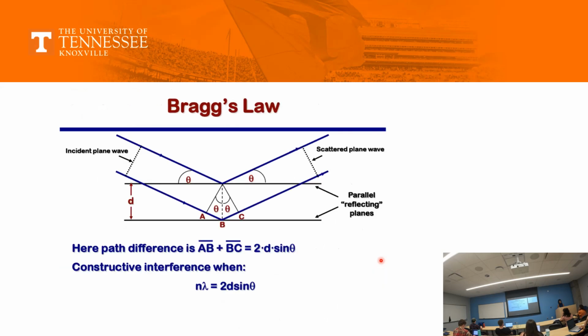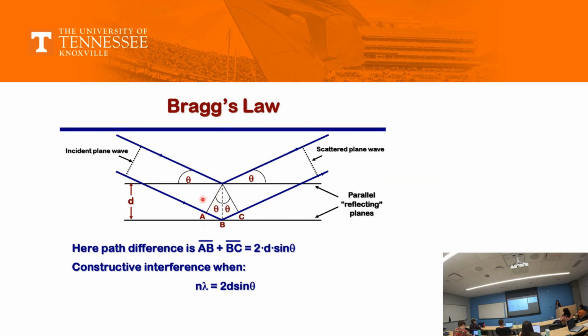So this is the way to understand diffraction, what happens and why you are seeing these paths. Now, in Bragg's law, I was telling you about the delta phi, the phase change equation from the past slide. This is the incident wave, and these are the planes.